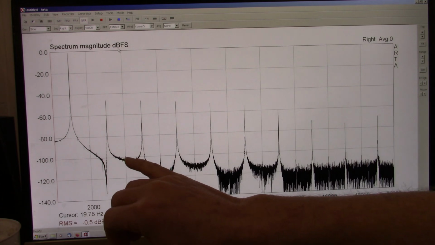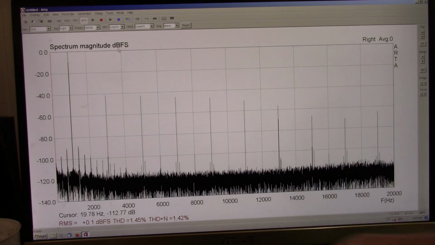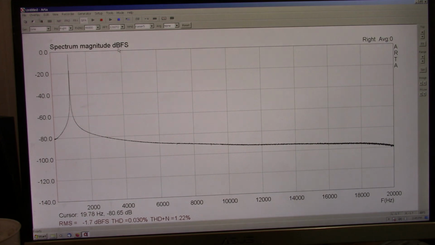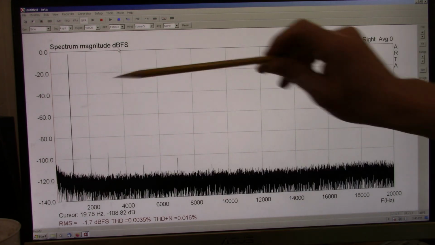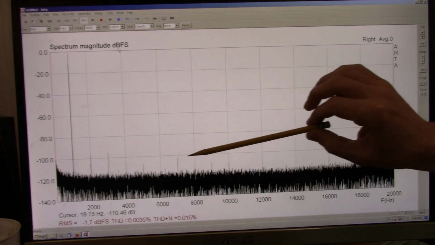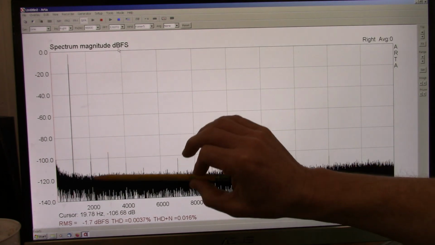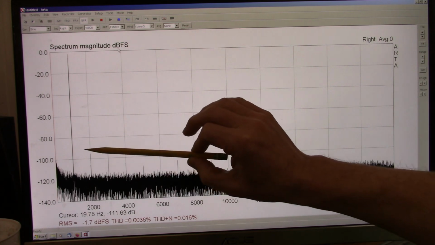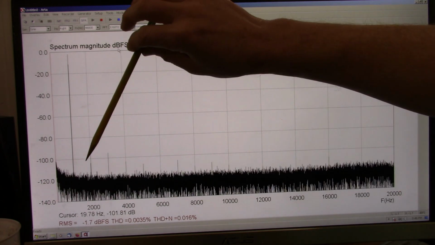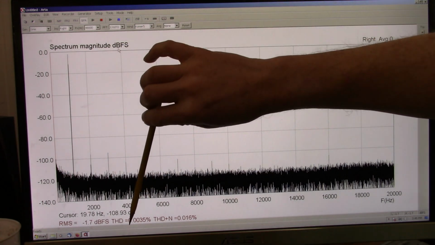See, if I turn it up, let it refresh here, it's clipping, so I have to turn it down one step on the volume control so I get a clean signal. Update here. Okay, fundamental, and you see the little harmonic distortion peaks. And these two, the second order and this third order, just go above minus 100 a little bit.